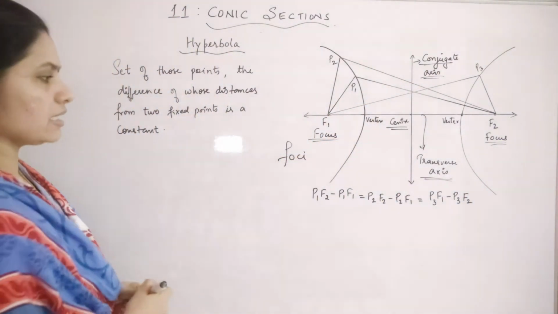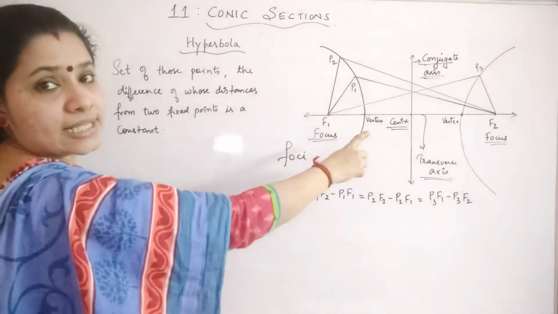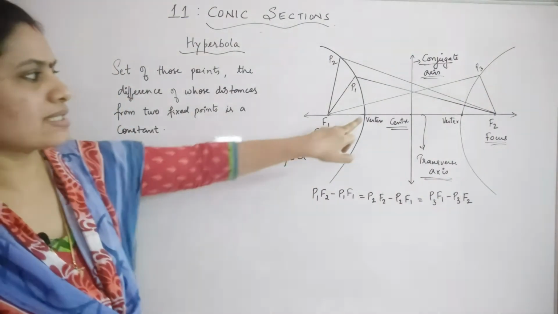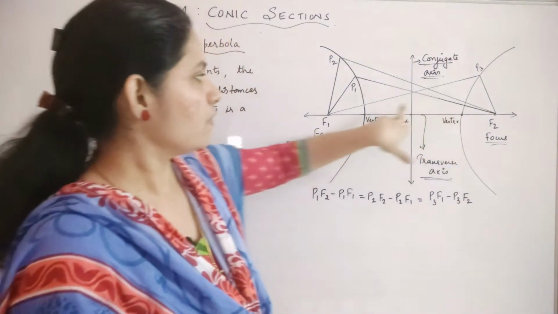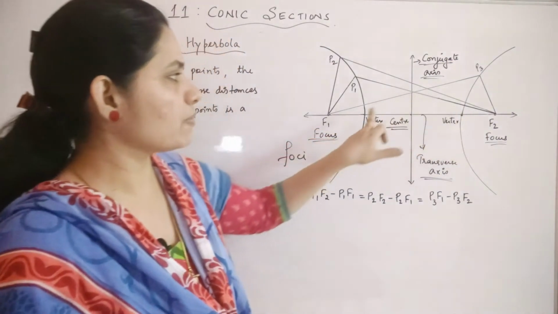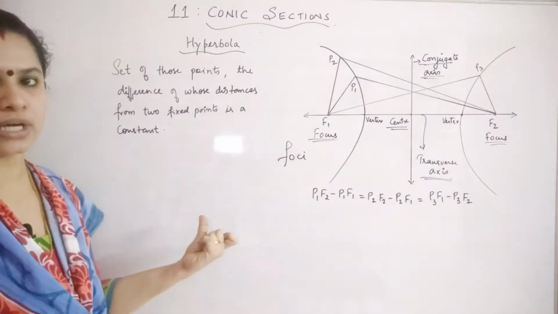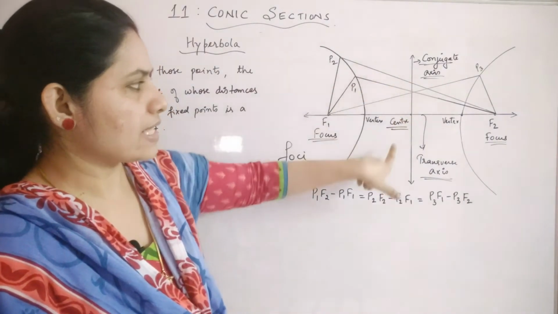Now you can see this hyperbola is touching the transverse axis only at one point, right? That point is called the vertex of the hyperbola. So here you can see two vertices. So the hyperbola has two vertices, as in the case of ellipse, two foci, then a center and a transverse axis.